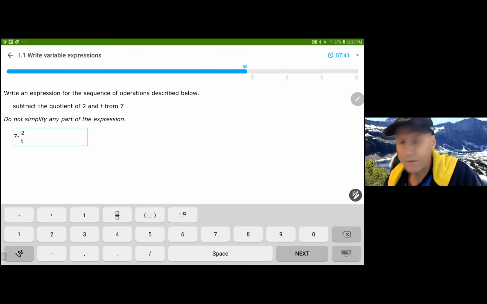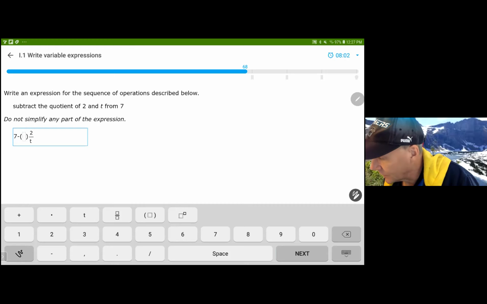From 7, we're going to subtract the quotient of 2 and t. It's a really good idea to always put quotient, product, sum, and difference inside parentheses. In this particular case, it isn't going to affect our answer, but it could very much do that. Oh shoot, I messed up. Sorry about that. Looks like I have to put the parentheses first.